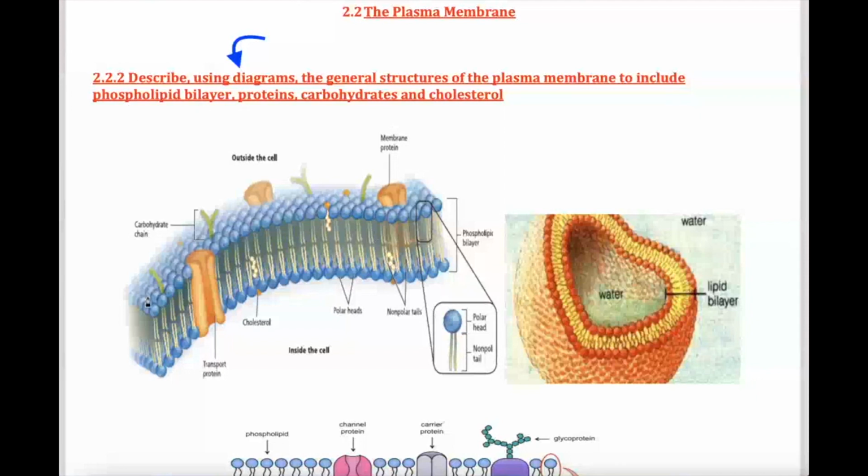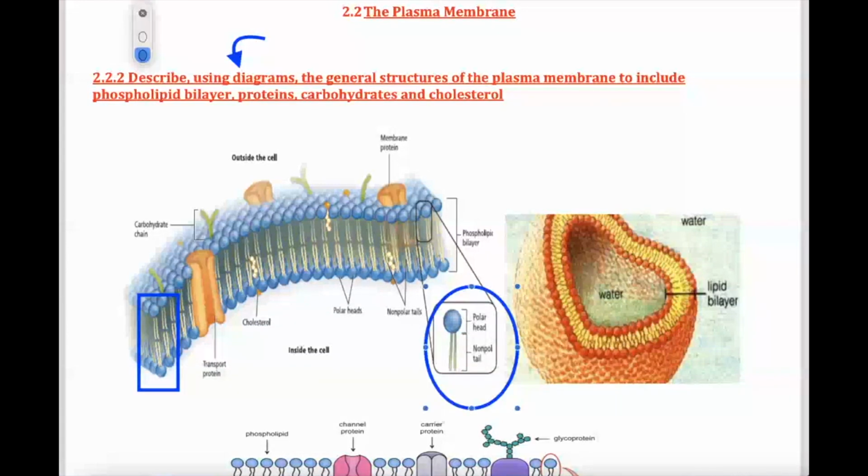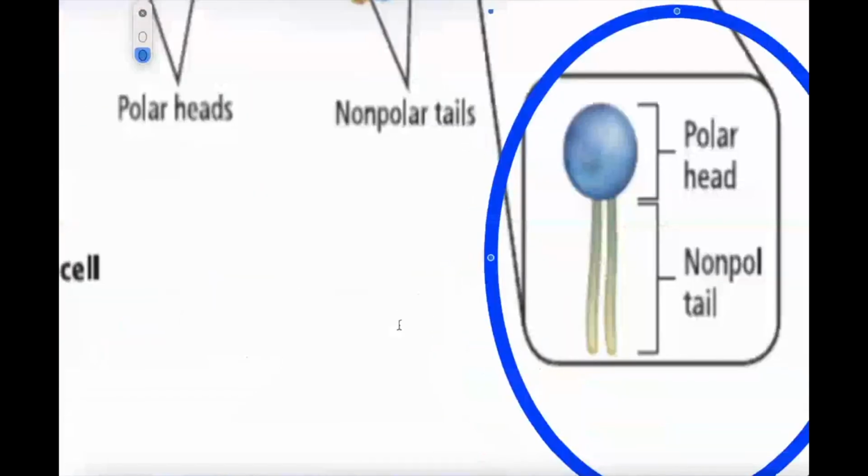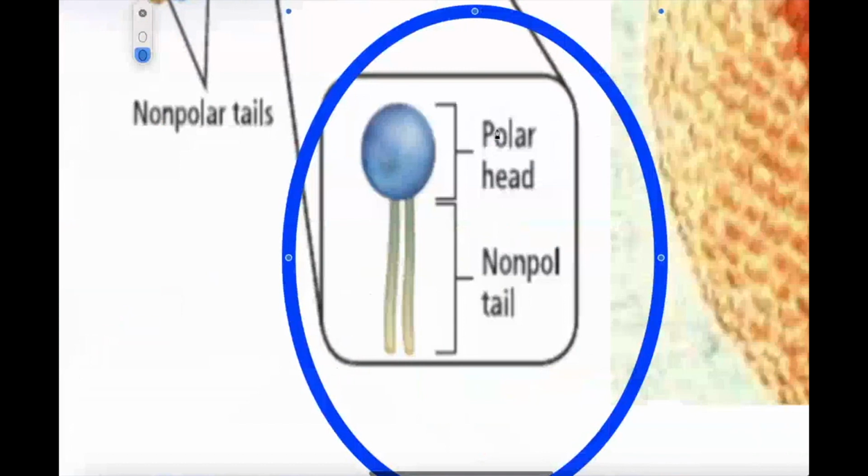So you always know that from the top to bottom, when you have two phospholipid layers, you call it the phospholipid bilayer. This is a phospholipid, and if there is one molecule, it is a phospholipid. If there are two layers, these are called the phospholipid bilayer. The head is called the phosphate head, which is polar.